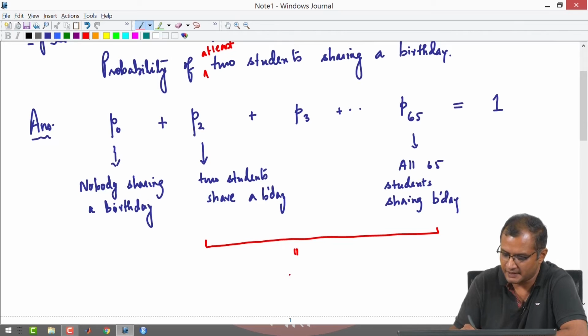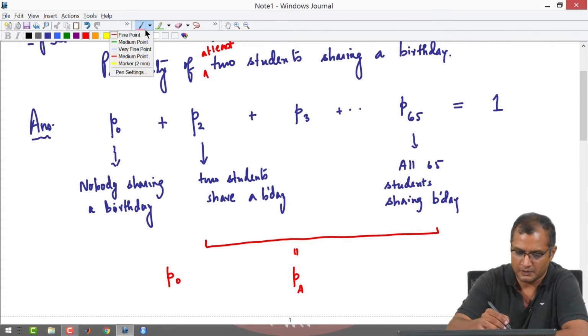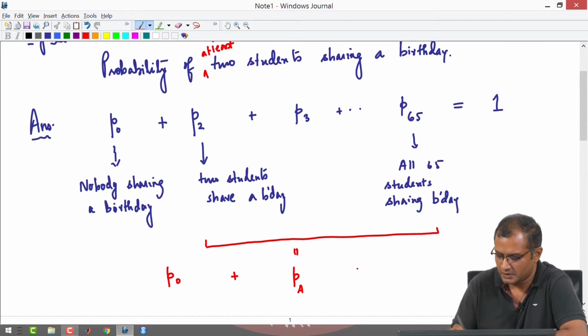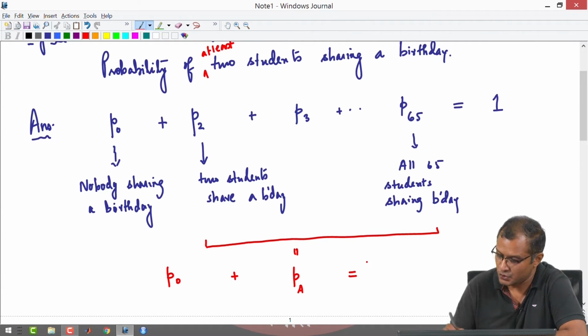So, this is basically my answer P of A, and I have P0 which is nobody sharing a birthday. So, P0 plus PA should be 1.